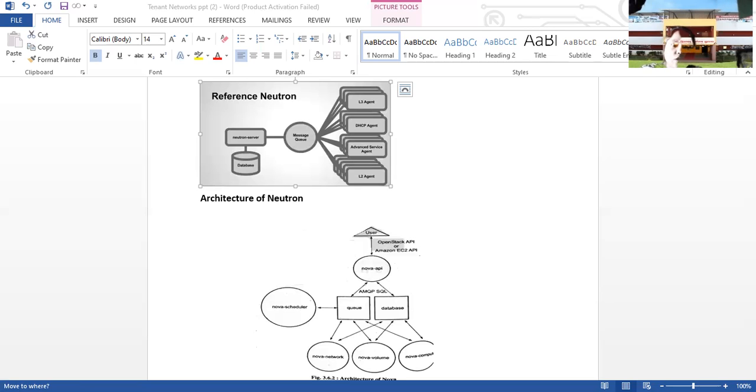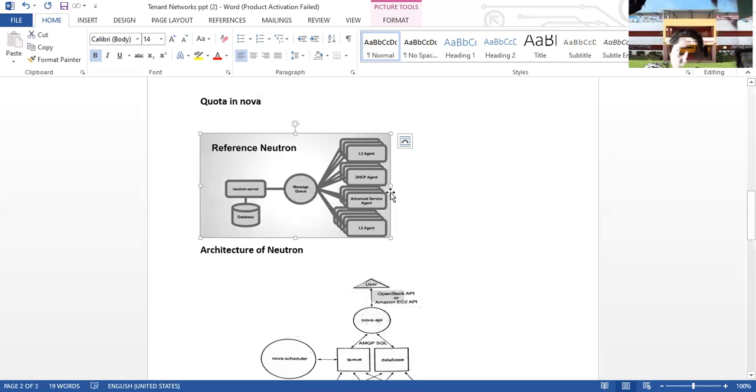So the L2 agent, as you can see in this diagram, L2 agents, L3 agents, and this one. The L2 agent runs on a hypervisor, that is the compute node, and its function is to wire new devices, which means it provides connections to new servers in appropriate network segments, and so on.